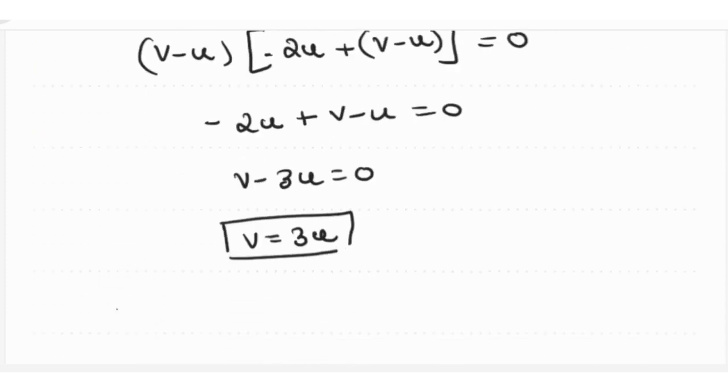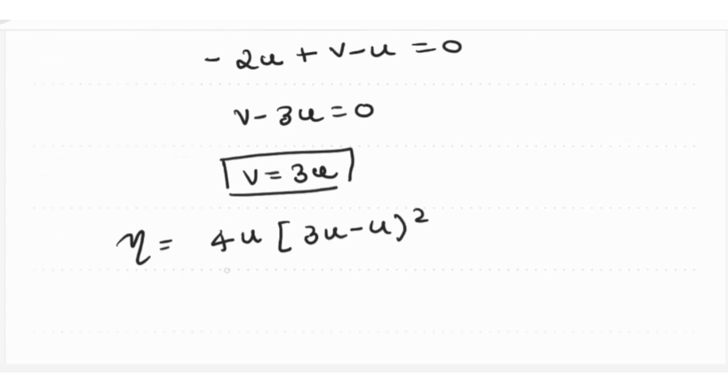So eta is equal to 4 into u into v minus u, with v as 3u, so 3u minus u is 2u, divided by v cube, so that is 3 into u cube.